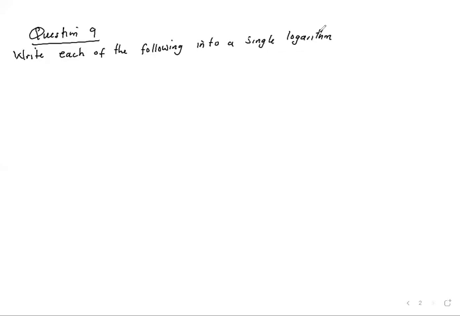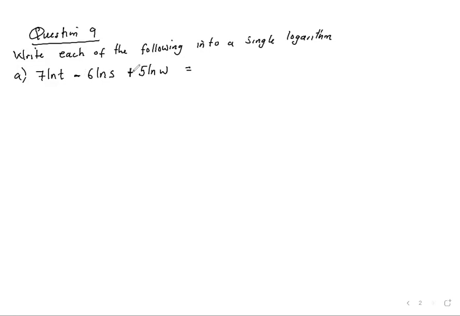So what we have in A is 7 ln T minus 6 ln S plus 5 ln W. To write as a single log, if there's subtraction, you divide.